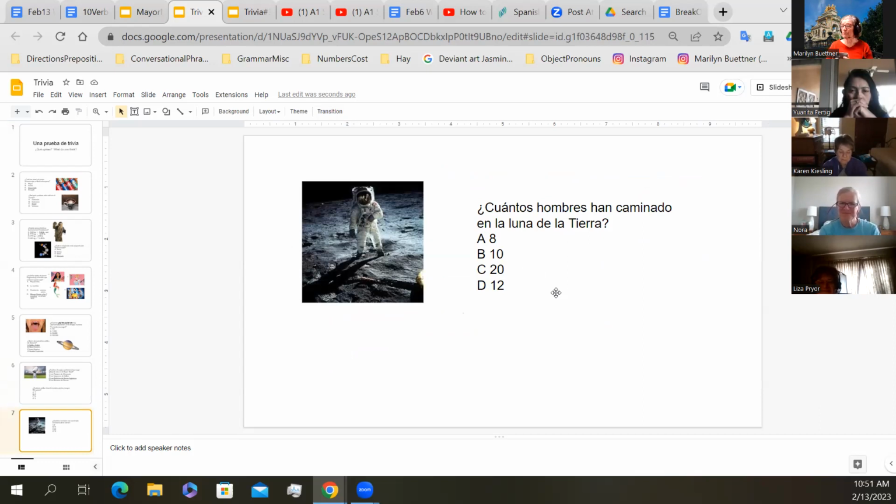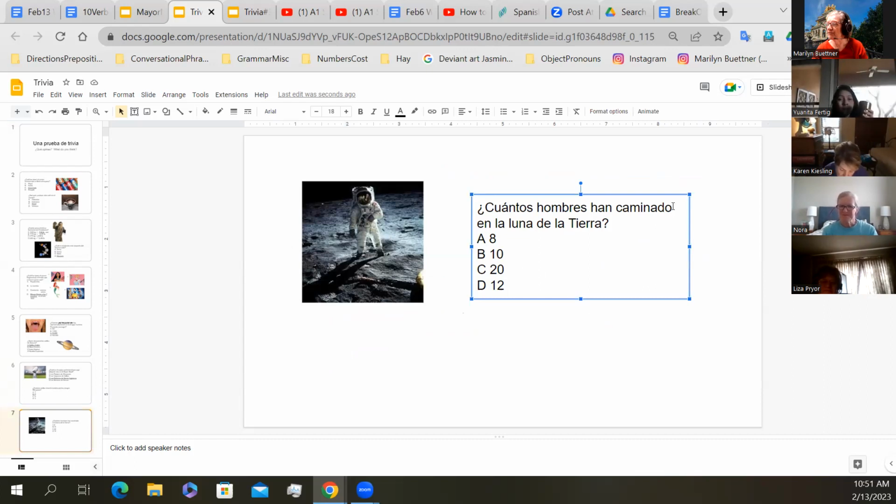Bueno, ¿cuántos hombres han caminado en la luna de la Tierra? And here we see han caminado. Here we see haber used as have walked, but I can't use the have without the walked. They have to be verbs that are together. Have walked. ¿Cuántos hombres han caminado? En la luna de la Tierra. 8 o 10 o 20 o 12. 12.